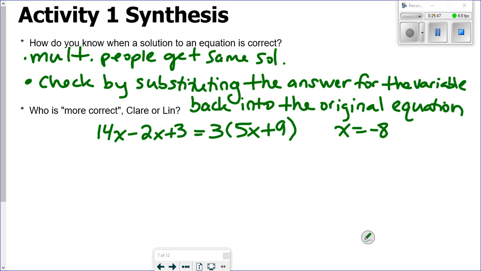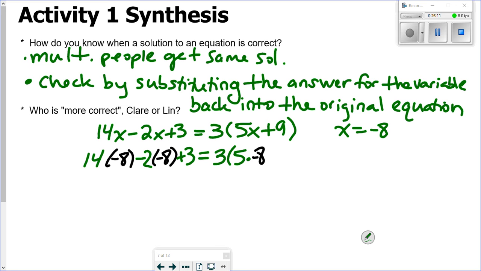So if we want to double check them algebraically and make sure that it works, we're going to take -8 and replace it every time I see an x in the original equation. And our ultimate goal is to show that both sides of the equation are in fact equivalent. So let's go ahead and double check their math.